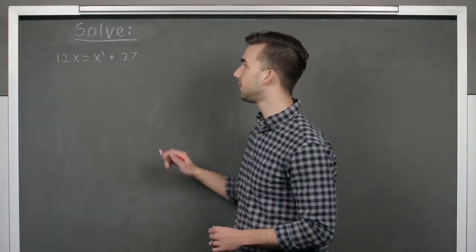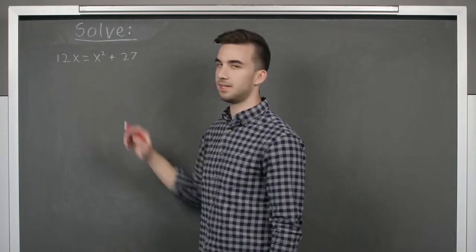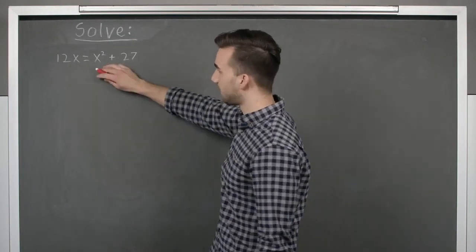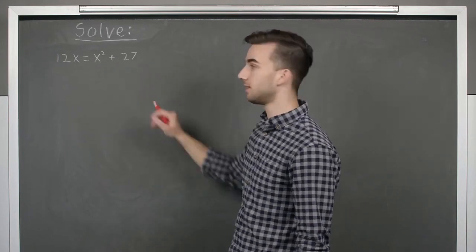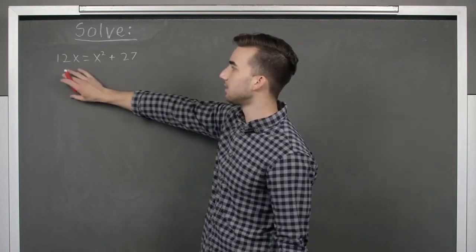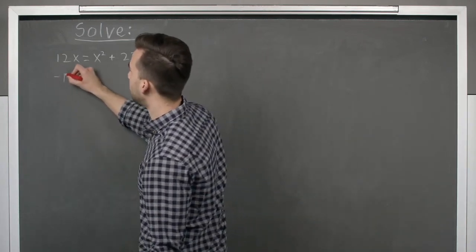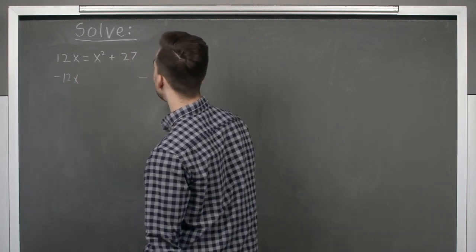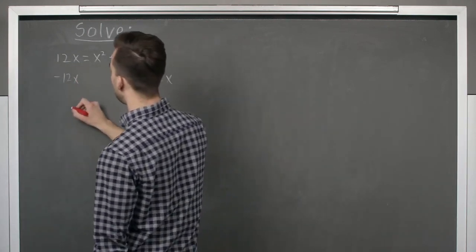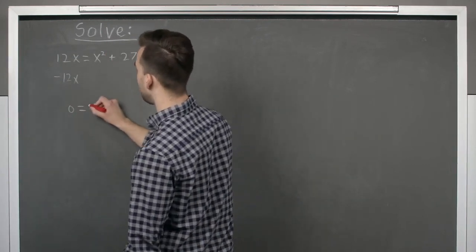When we're solving equations that have x squared and x, all we need to do is set one side of the equation to 0 and then factor the other side. So let's get rid of this 12 on this side, subtract negative 12x, negative 12x. So that gives us 0 equals x squared.